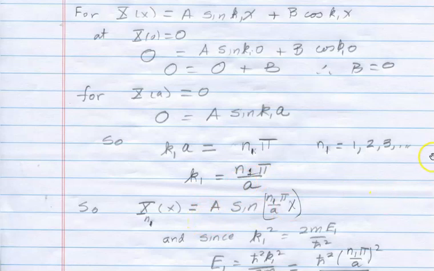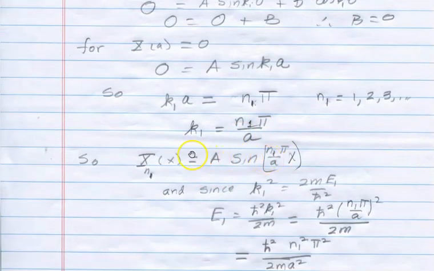And so we get an infinite number of solutions by applying that x condition on our x function. I've labeled it by n1 because it depends on the integer. There's an independent solution for every positive integer value of n1.